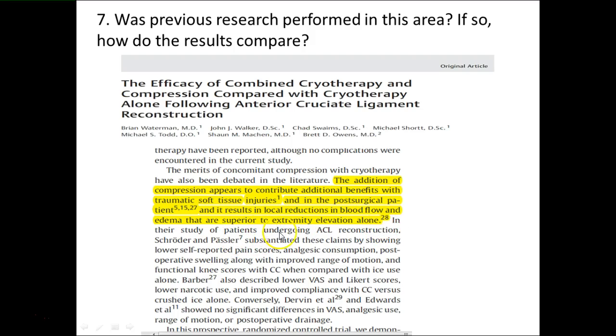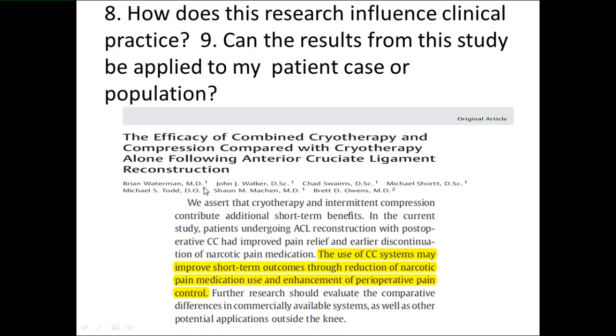In their study of patients undergoing ACL reconstruction, Schroeder and Passler substantiated these claims. So they're reporting older literature and saying that this group of authors support the research findings in this particular study. So this is awesome. They're tying their results to previous literature, and it appears that their results are consistent with the previous literature.